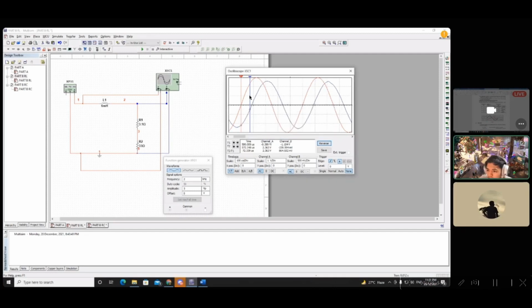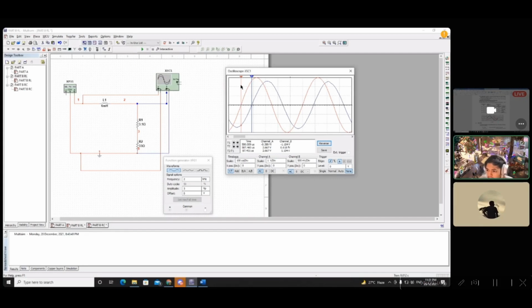Then you move it a little bit and set the value to 0. Then you get the 0 value at x. So the difference between the two signals is 87.451 microsecond. This is the y value.